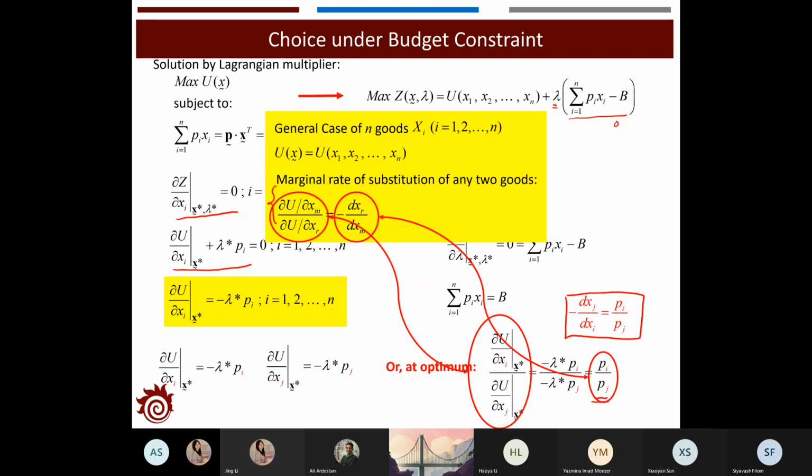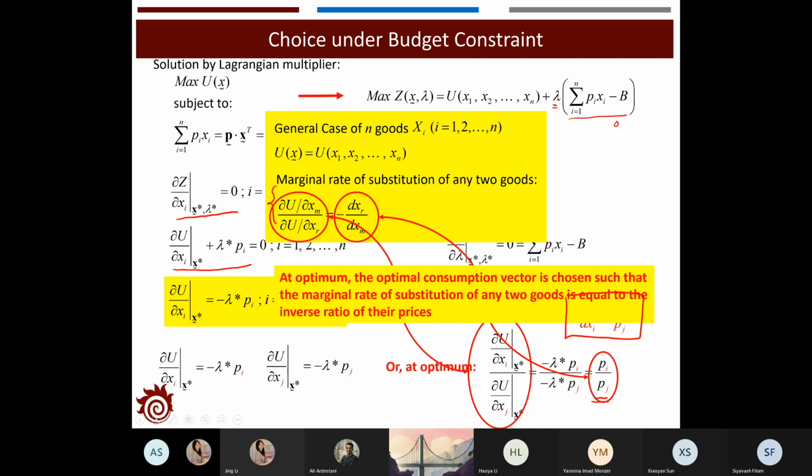So basically, you can see that the marginal rate of substitution will be the negative inverse of the ratio of their prices. So this will be very straightforward, and you can use this one to quickly find the solution for this optimization problem with the budget constraint.